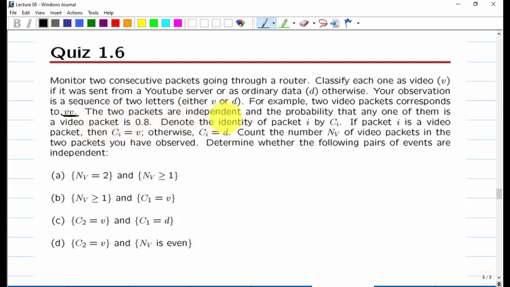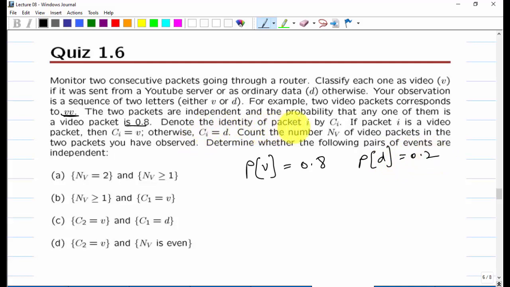The two packets are independent and the probability that any one of them is a video packet is 0.8. So the probability of a video packet is 0.8, and because they are independent, the probability of an individual data packet will be 0.2.